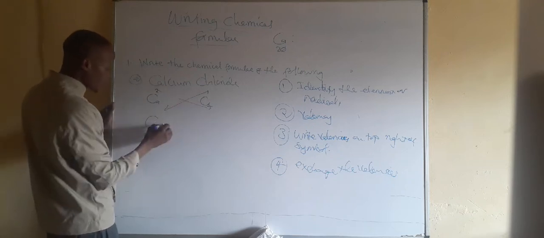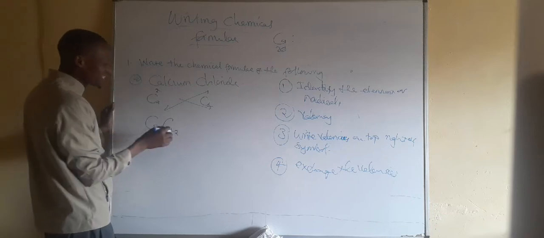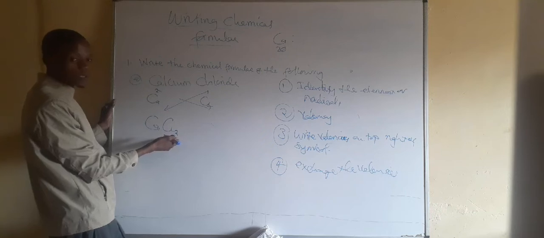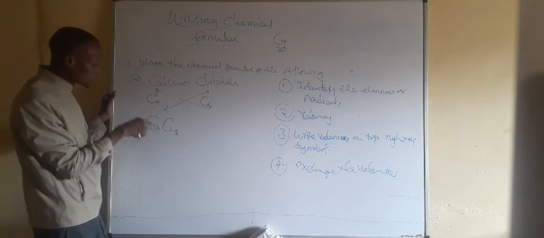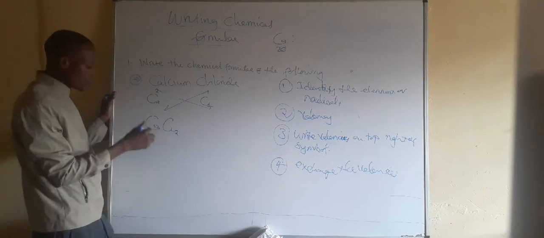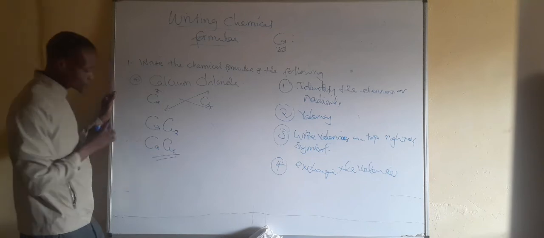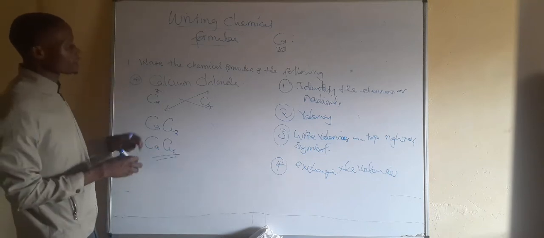Then we have the Cl chlorine. Then this 2 goes there. When writing the chemical formula, you write the valences on the bottom right of each symbol. But when it is 1, you are not supposed to show the 1. So that is the chemical formula for calcium chloride, CaCl2. What is important is knowing the valence numbers.